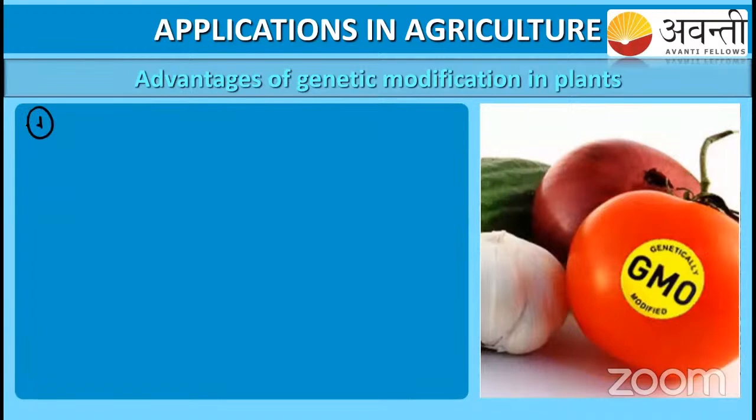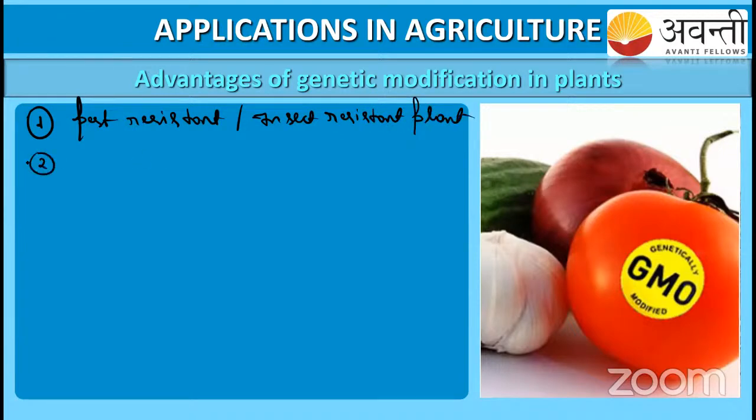Let us study the applications of genetic engineering in agriculture. Can anyone tell me which applications you know? First, pest resistance: we can make pest-resistant and insect-resistant plants, right?